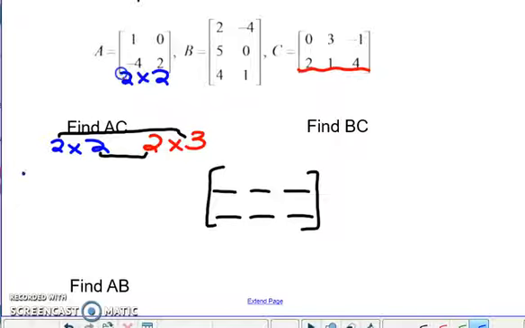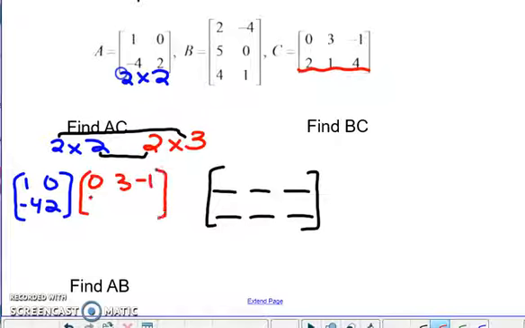So if I write down A, 1, 0, negative 4, 2, and I copy down C, I am going to find each answer by multiplying and then adding the corresponding parts. So I'm going to go rows times columns. First row, first column is going to go in this spot here.